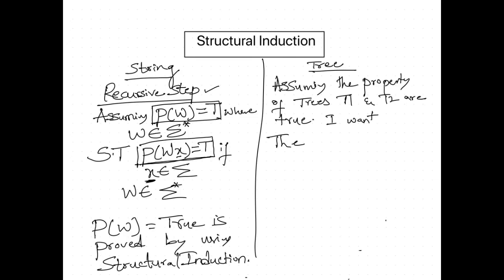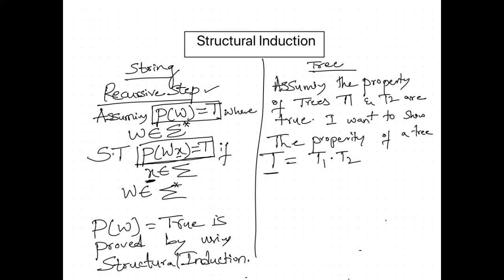what do I want to show? I want to show the property of a tree capital T equal to T1 dot T2.